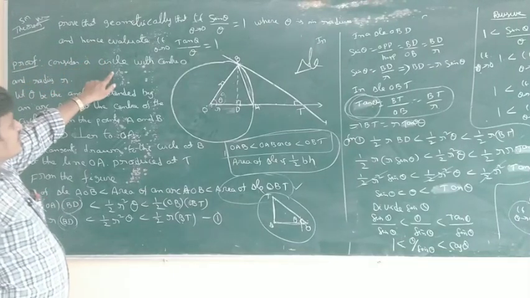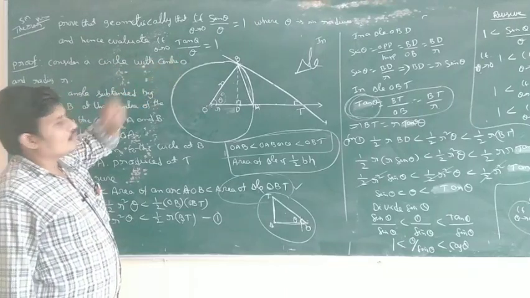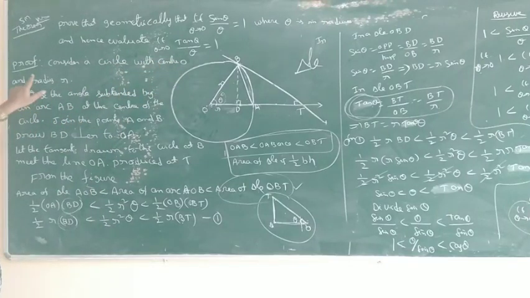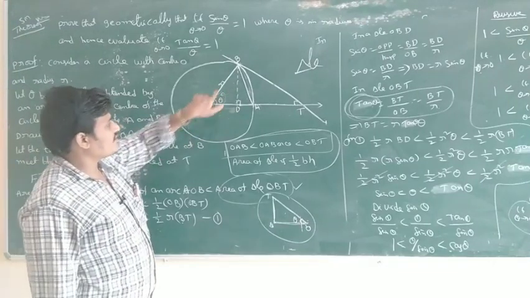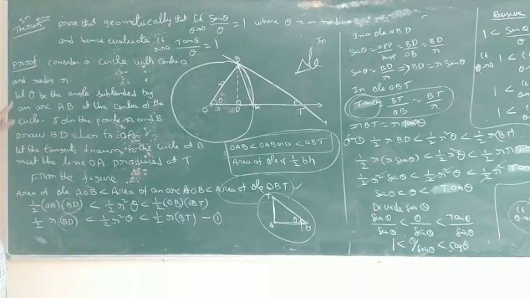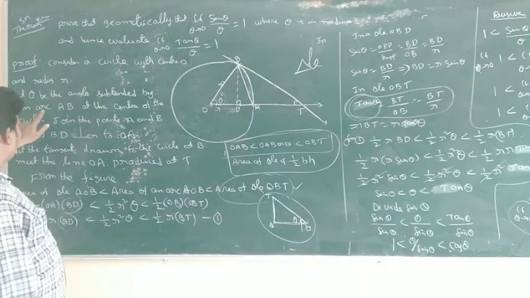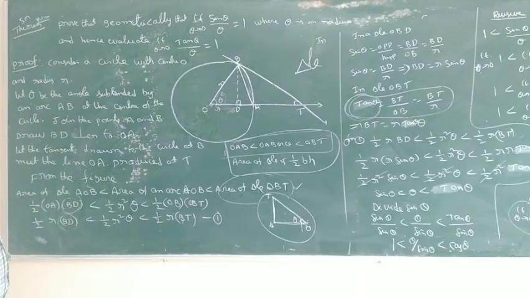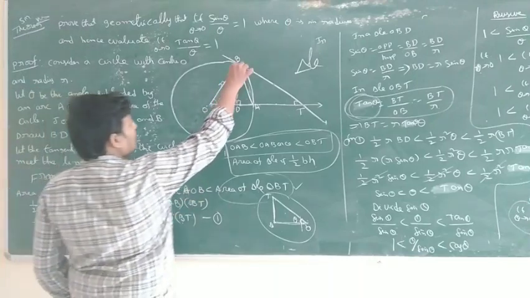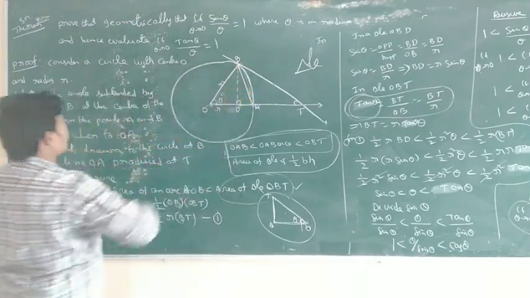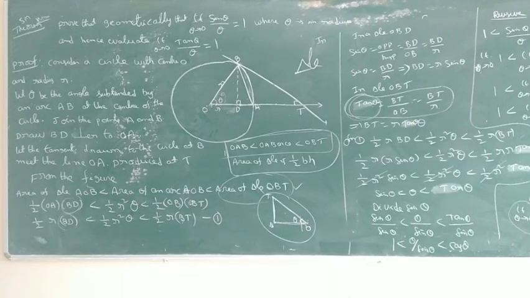Proof. Consider a circle with center O and radius R. Let theta be the angle subtended by an arc AB at the center of the circle.